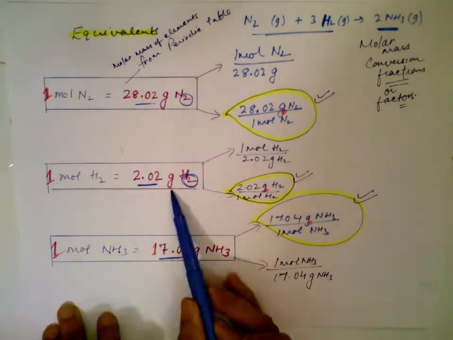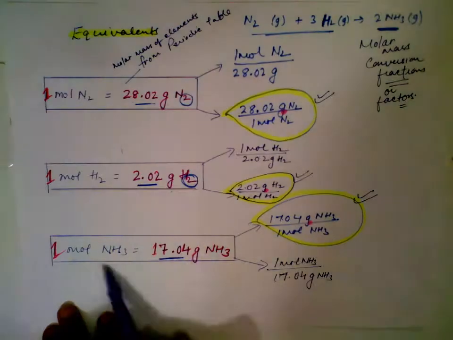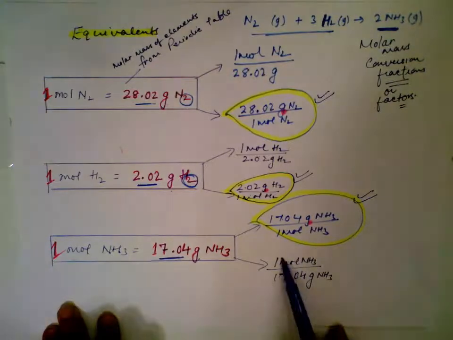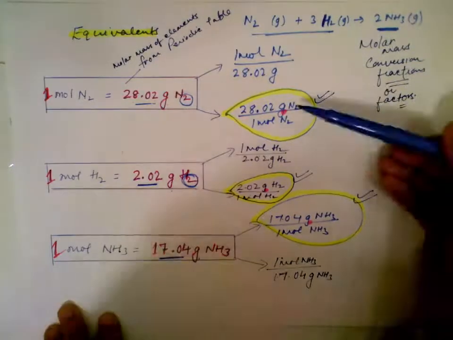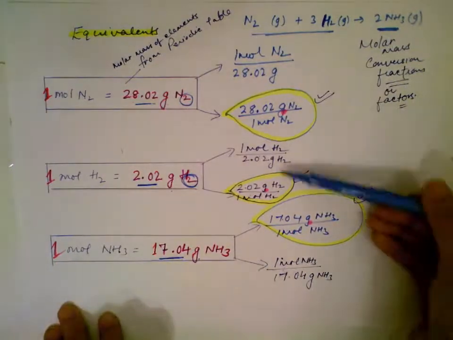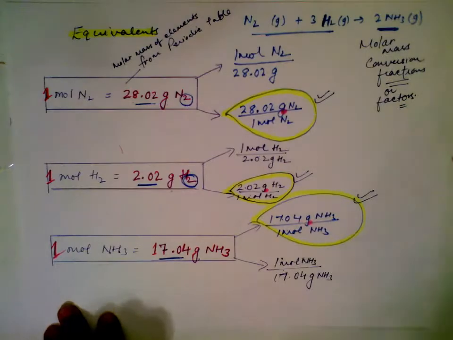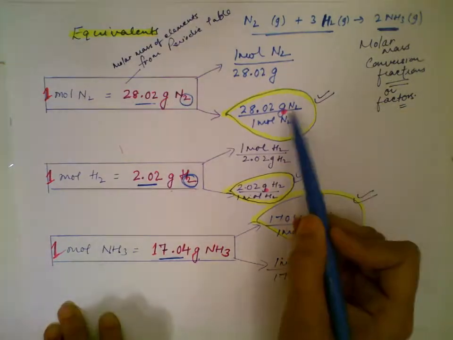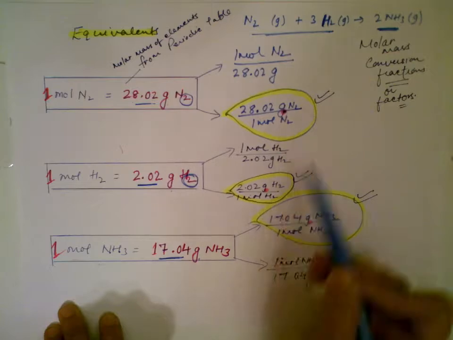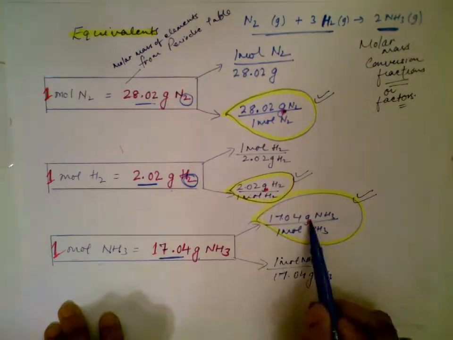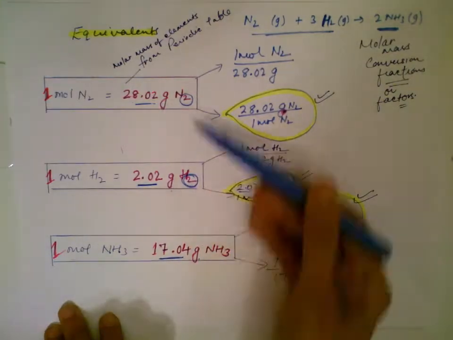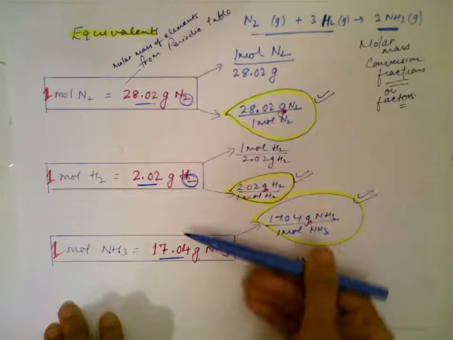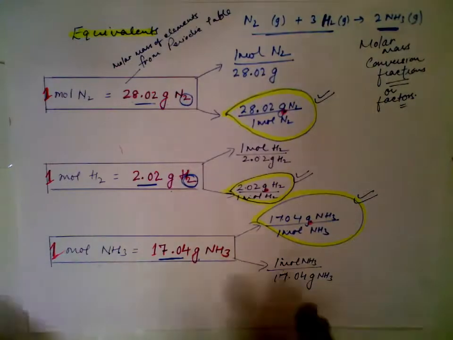Similarly, from this equivalent, you made 2 fractions, and from this equivalent, you made 2 fractions. So these are all molar mass conversion factors. Now, which fraction are you going to pick? The fraction that has mass at the top, the grams. Guys, this will not be given to you. You should know that. This is a part of the unit analysis method.